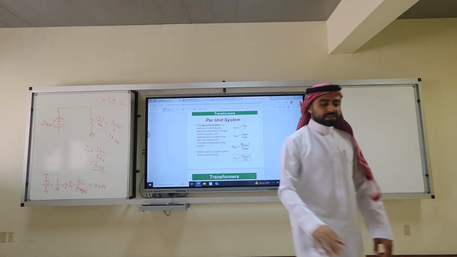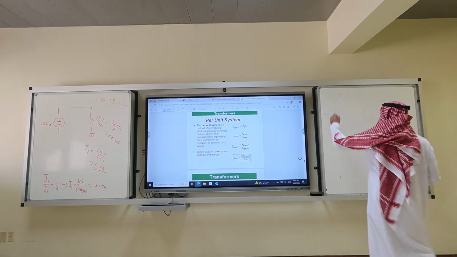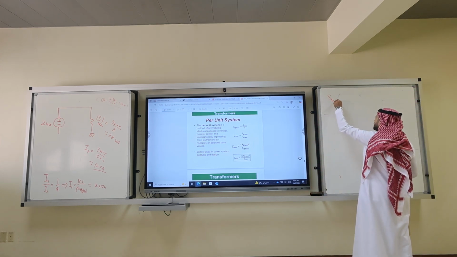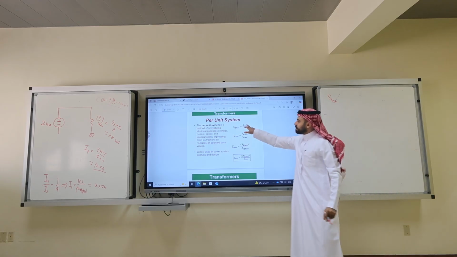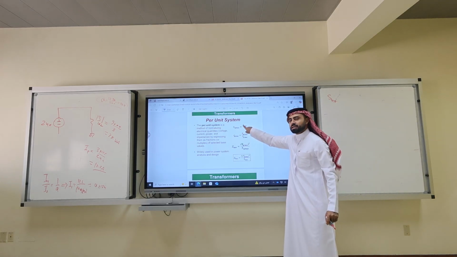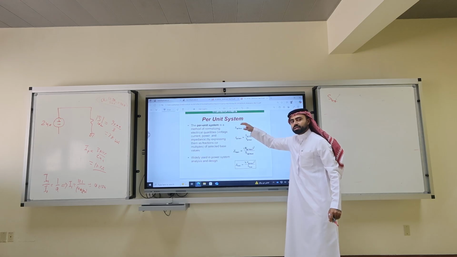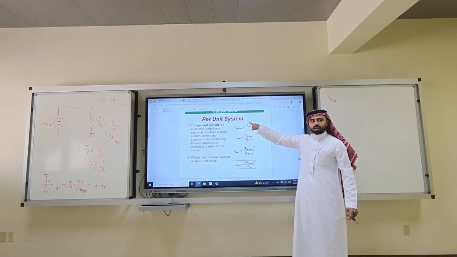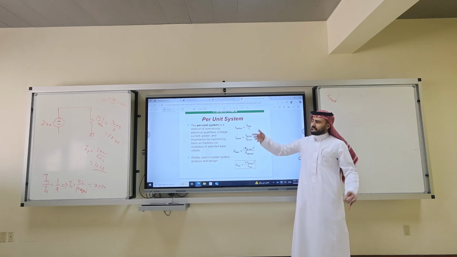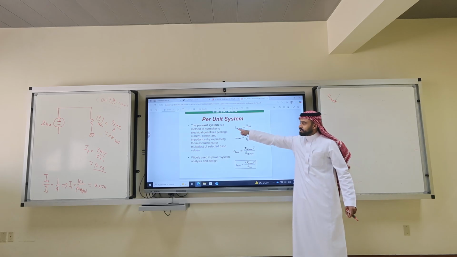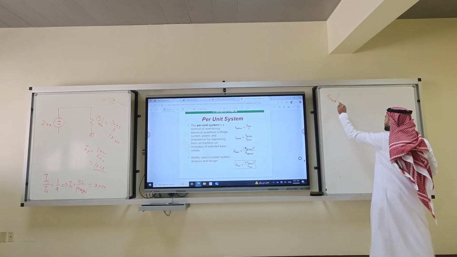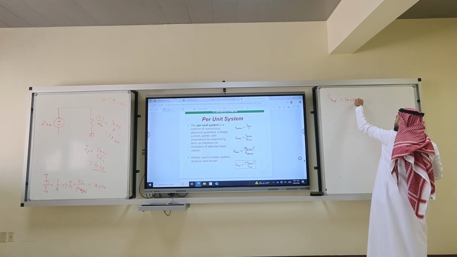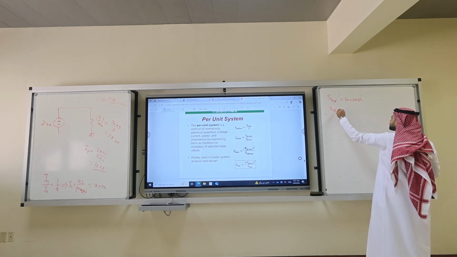Is S base 3 phase or single phase? Who says S base is single phase? Raise your hand. Okay. Logically, he divided by 3, so I understand this is the 3 phase, this is the single phase. So if I'm telling you S base is 100 MVA, what is S single phase for base?